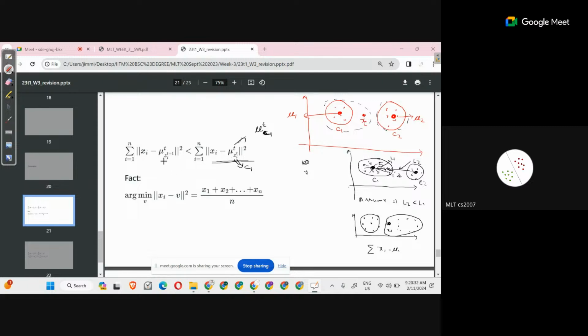We are representing here that zi, in the t plus 1 step, will move to this new centroid, mu2 at t, that is c2. So now we know that overall, the distance from the centroid will always be lesser, right?